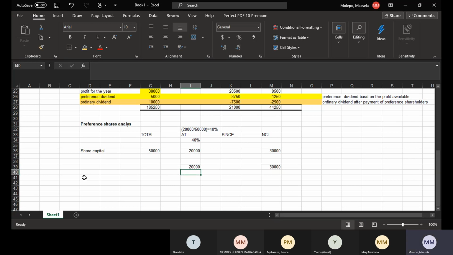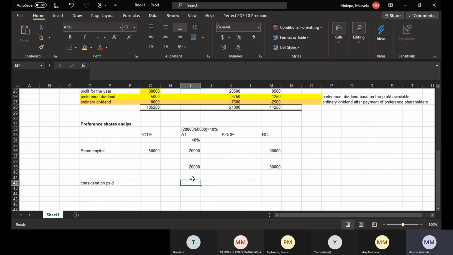Then we check the consideration paid. Here there will be a consideration which he paid, as per the amount shown in the SFP. He paid an amount of 25,000 on cost.